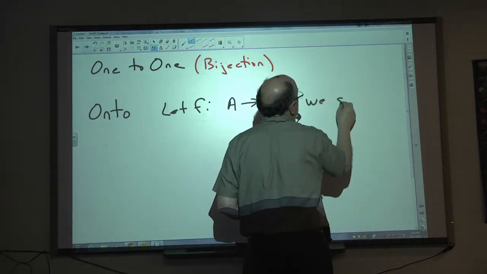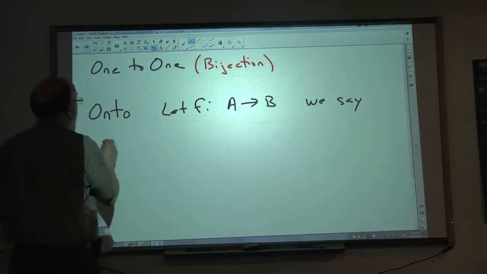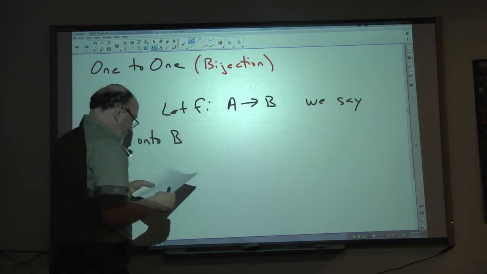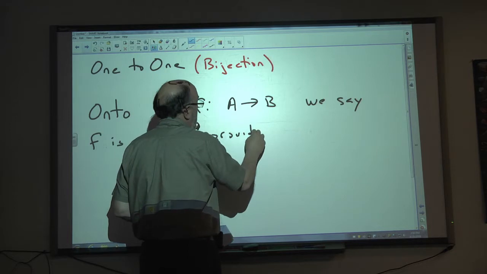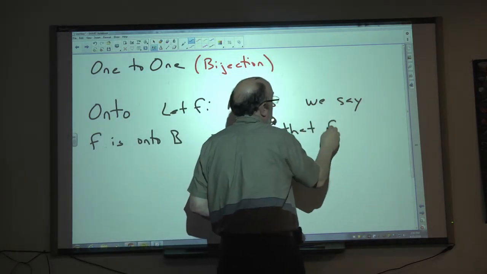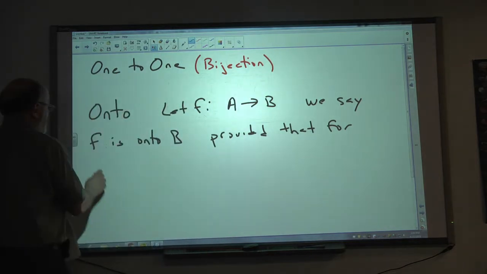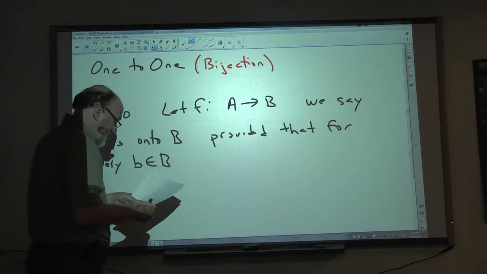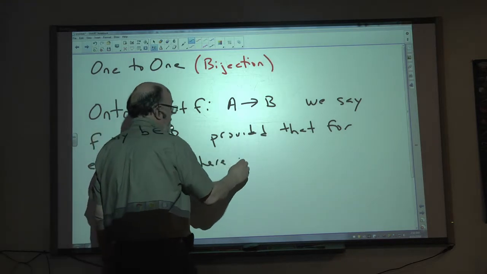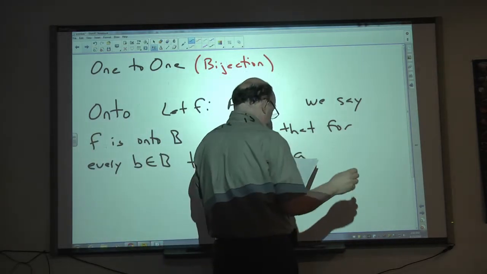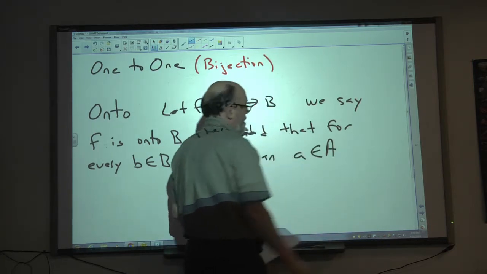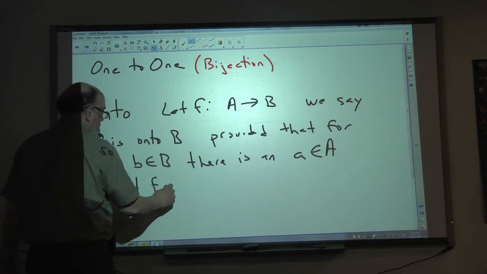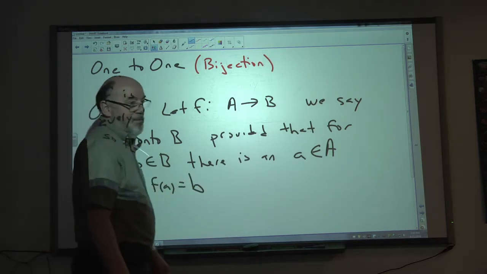And so we can say that f is onto B, provided that for every b, which is an element of B, there is an a, which is an element of my set A, so that f of a is equal to b, right?